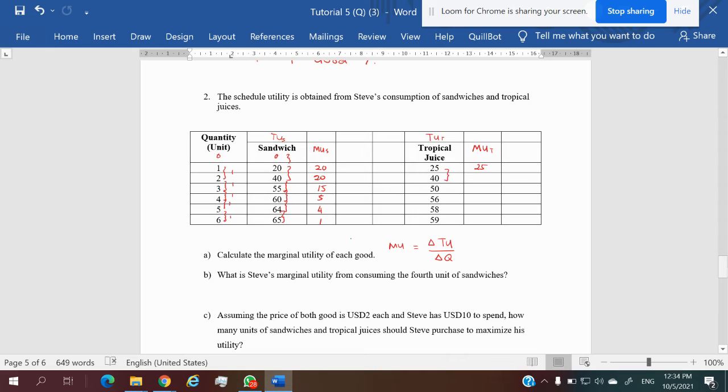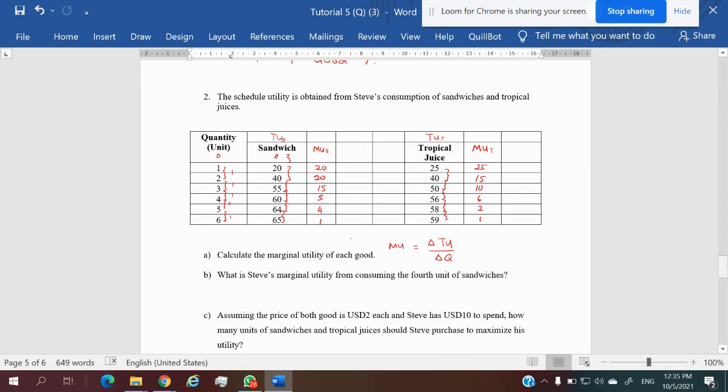Now the second one, 40 minus 25 is 15. 50 minus 40 is 10. 56 minus 50 is 6. 58 minus 56 is 2. And 59 minus 58 is 1. So that is how to find the marginal utility of each good, sandwich and also tropical juice.